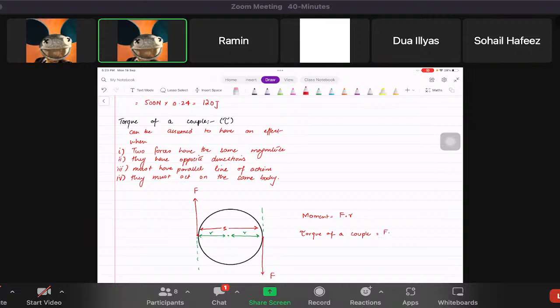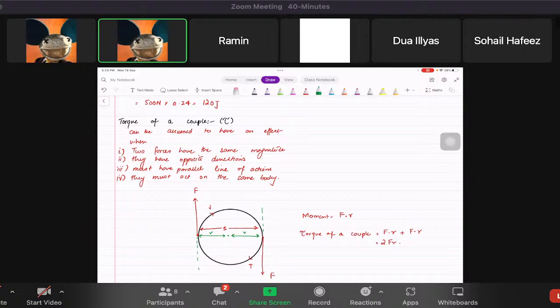So torque of a couple would be that this force tries to turn it this way and this force tries to turn it this way. So this moment plus this moment added up, because they're in the same direction, right? It gives you basically 2F times r. Now please look at this very carefully.